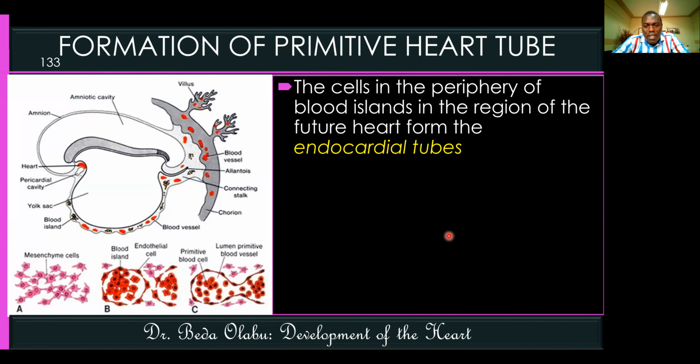If that vessel is falling at the region where the heart is supposed to be, then we will not call that a blood vessel. We will call that an endocardial tube.